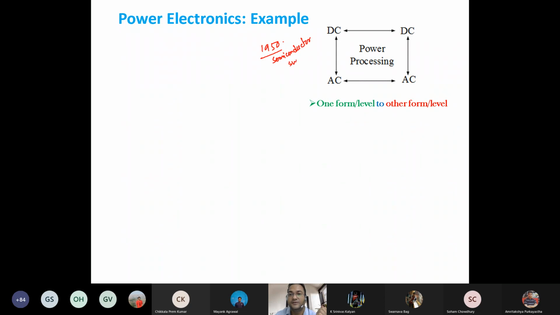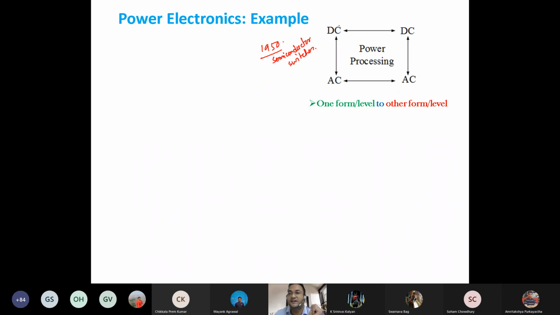You might have heard about thyristor, IGBT, MOSFET, diode, examples of semiconductor switching devices. Before these devices came into existence, how did people convert, let us try to understand. And after getting these semiconductor switching devices, how we are converting, let us try to understand.